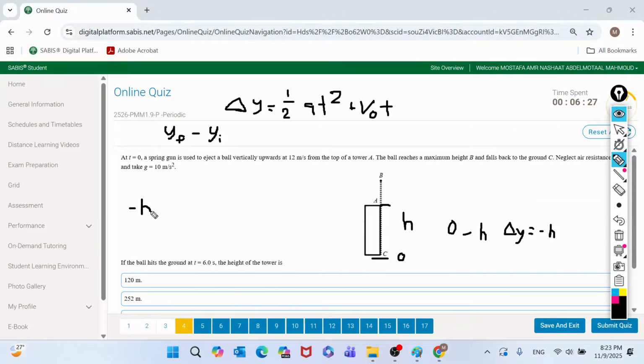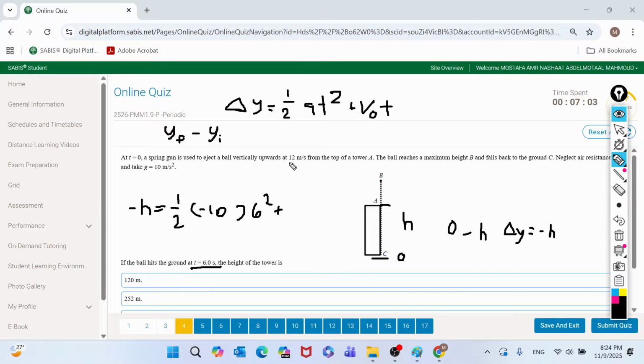Right? So what do we have now? Negative h equals 1 over 2 times a, which is the gravity, but it's negative because it starts off going up. So negative 10, times the time. The ball hits the ground at 6 seconds, so the time is 6. So 6 squared, plus v0t, where v0 is the initial velocity.